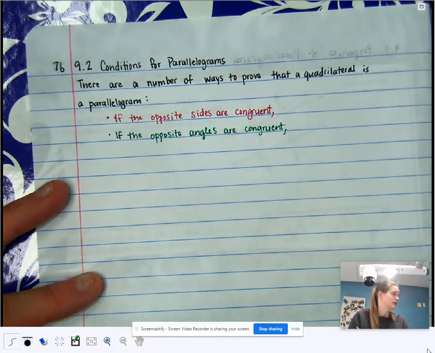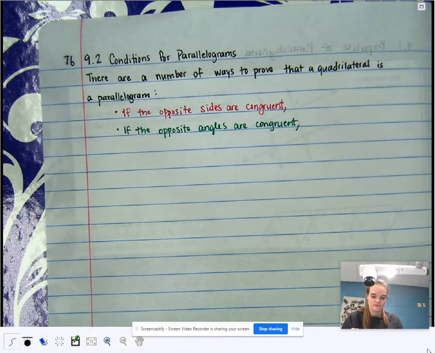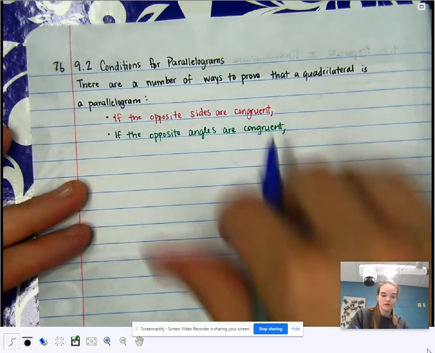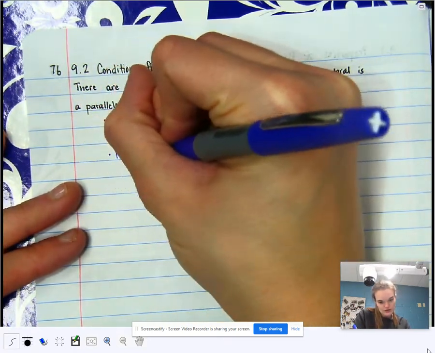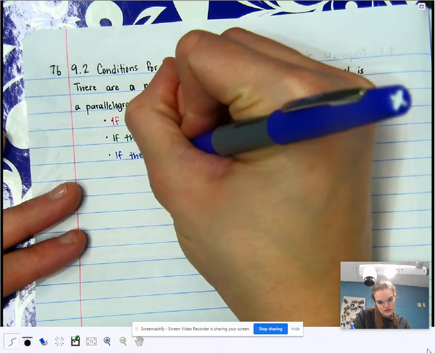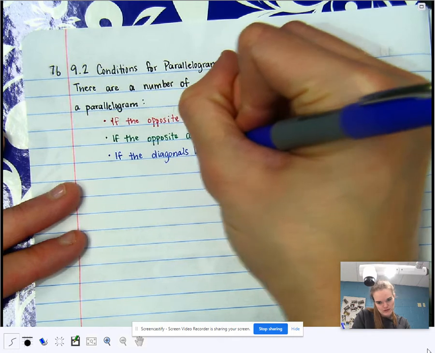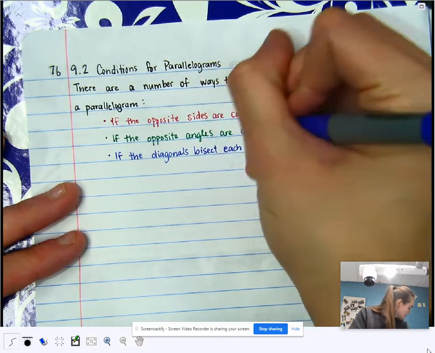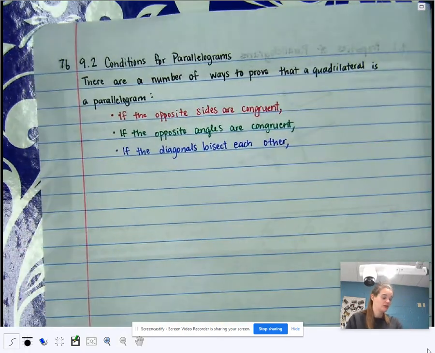Then it is a parallelogram, and it will ring again in 1 minute. Or if the diagonals, not congruent, bisect each other. Then it is a parallelogram.